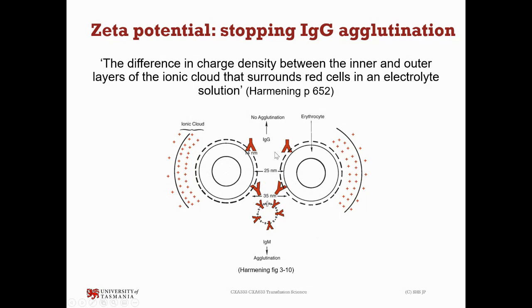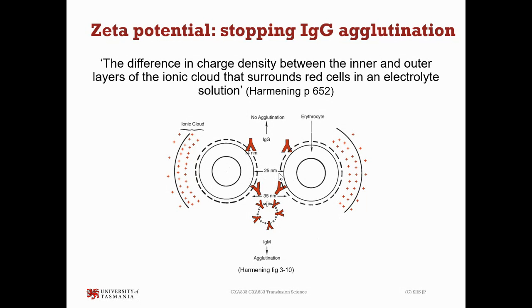So it's most negative just at the surface of the red cell, and it's most positive on the external layer of the ionic cloud. And that zeta potential, so that gap there, if you don't actually see it in the drawing here, just imagine there's lots of little pluses all through here. Okay, and it's the little pluses that have been attracted to the minuses from the red cell, which keep the cells 25 nanometers apart. Okay, so the zeta potential is that 25 nanometer gap.